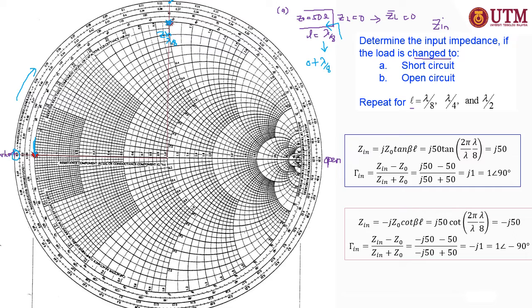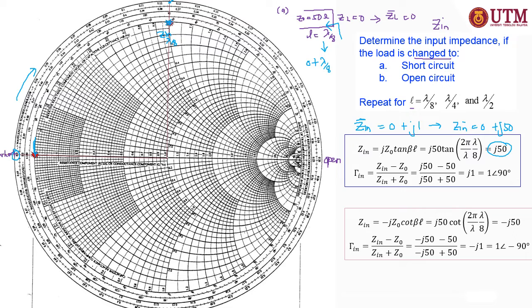Okay, so in this case, the Z-in equals 0 plus J1. So to get the real value, multiply with Z0. So Z-in equals 0 plus J multiplied with the characteristic impedance 50. Okay, so it's the same as the calculated one.